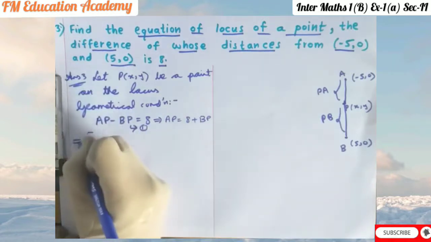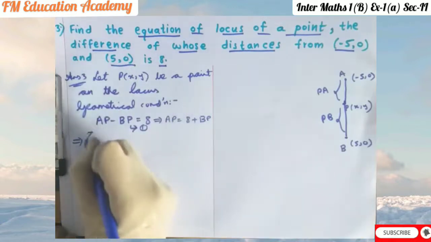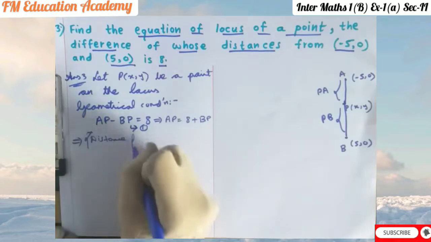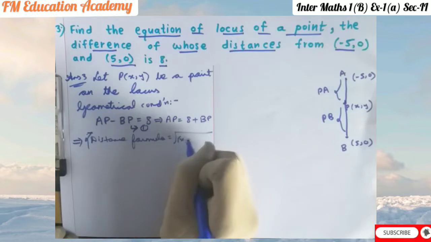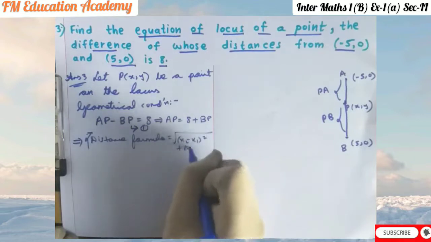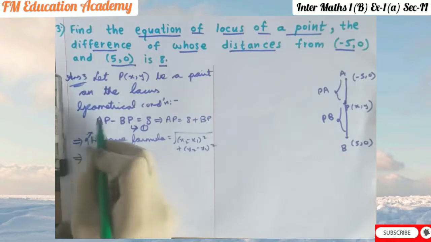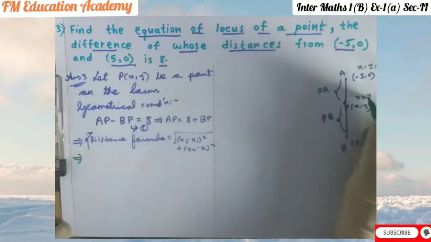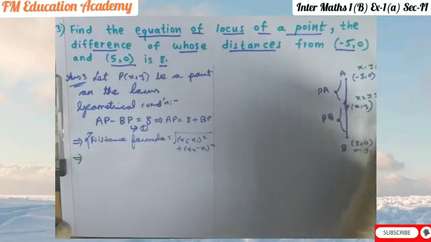So now what is AP? We know it is a distance. BP is also a distance. So again we have to use which formula? Distance formula. We know our distance formula is root of (x2 minus x1) whole square plus (y2 minus y1) whole square. So now let us substitute. What is AP? AP means A is (x1, y1) and P is (x2, y2). Similarly BP means B is (x1, y1) and P is (x2, y2).